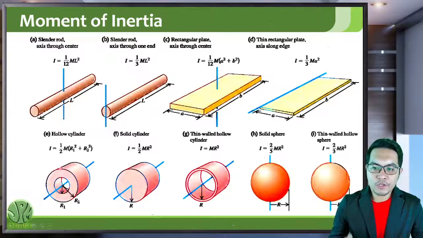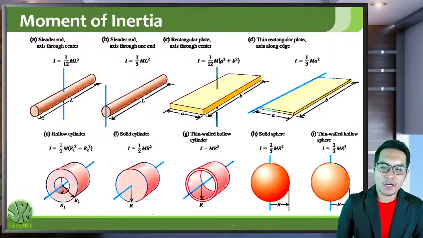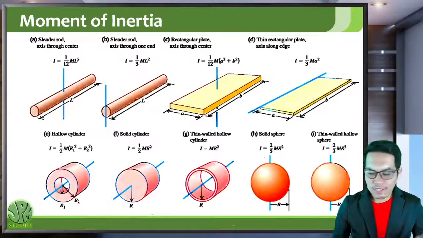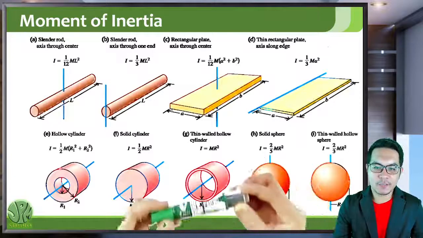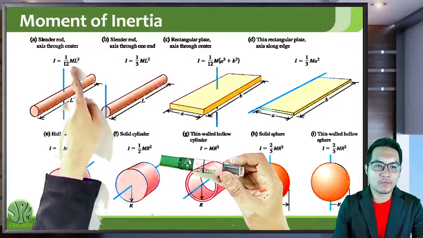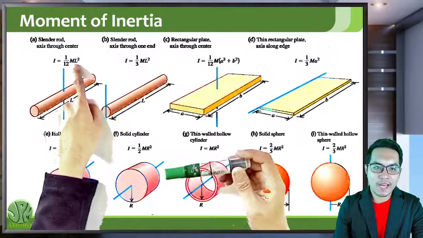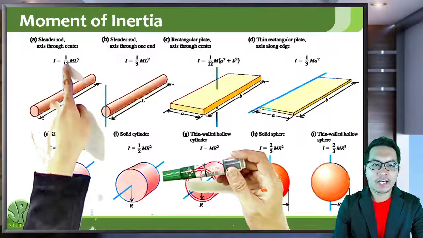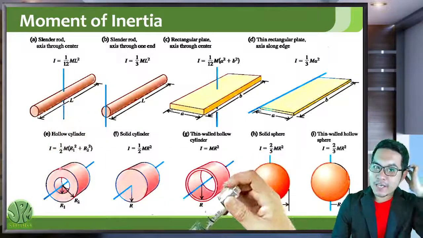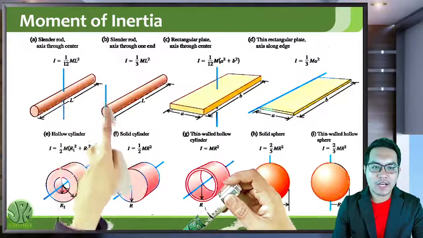So for solid or continuous objects, these are the different moments of inertia. If you have a slender rod, such as a pen, then its moment of inertia is 1/12 the mass m times the length squared, if the rod is rotated about the center. Now, it's a different case if the rod is rotated around the edges.